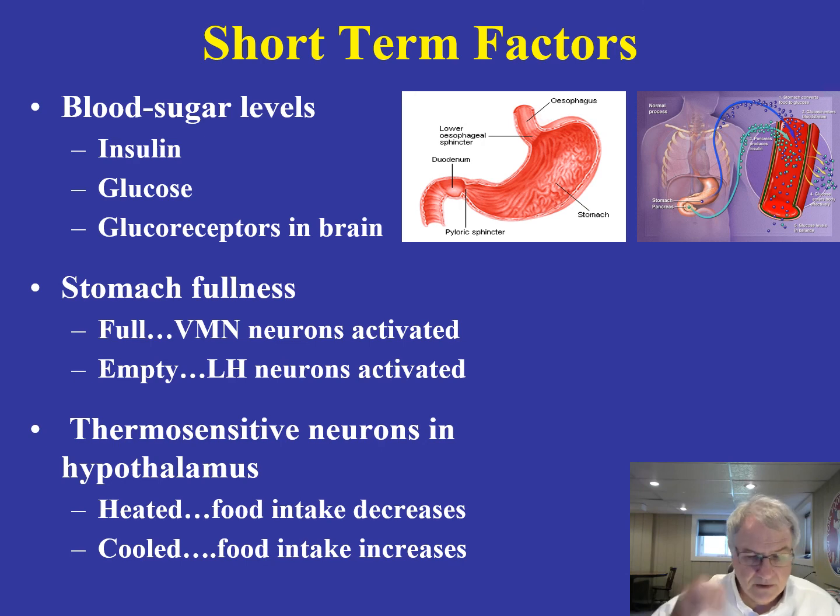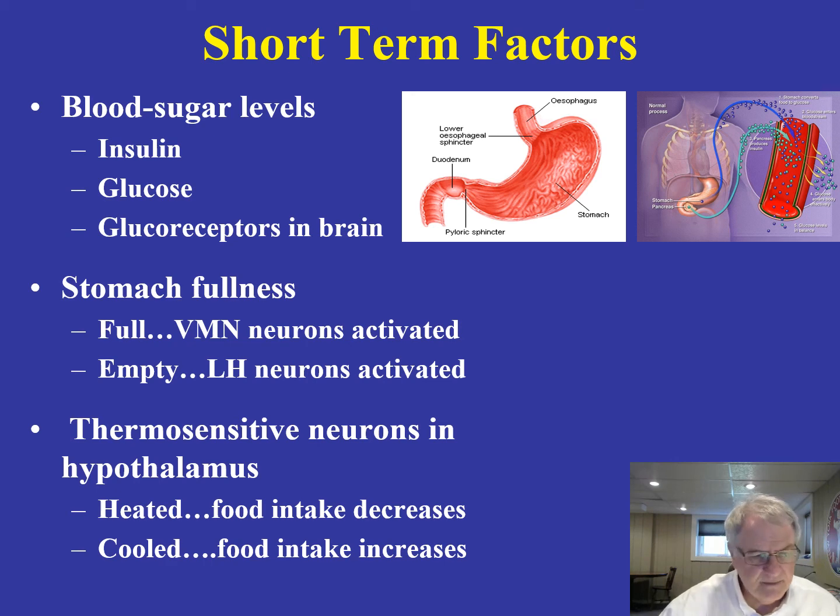If you take a look also at some wonderful research that's been done on what we call thermosensitive neurons in the hypothalamus, when the hypothalamus is warmed, then you tend to eat less. When the hypothalamus is cooled, and you can do this by way of thermosensitive electrodes that are placed into the brain, your food intake increases.